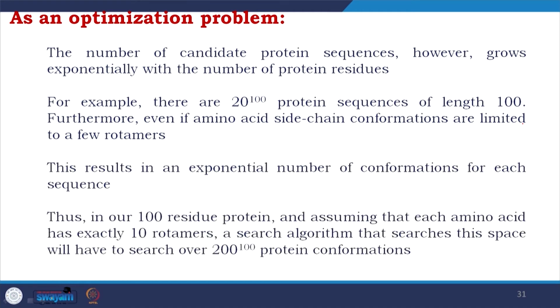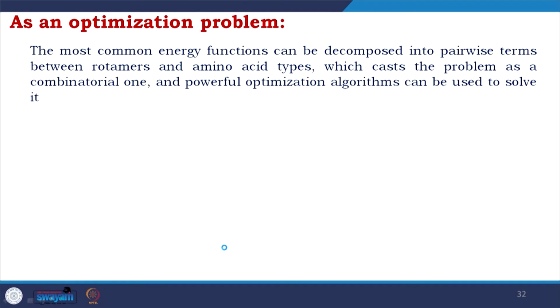Thus, in our 100 residue protein, and assuming that each amino acid takes exactly 10 rotamers, a search algorithm will have to search over 200 to the power 100 protein conformations. So, this number says what the computational challenge is.